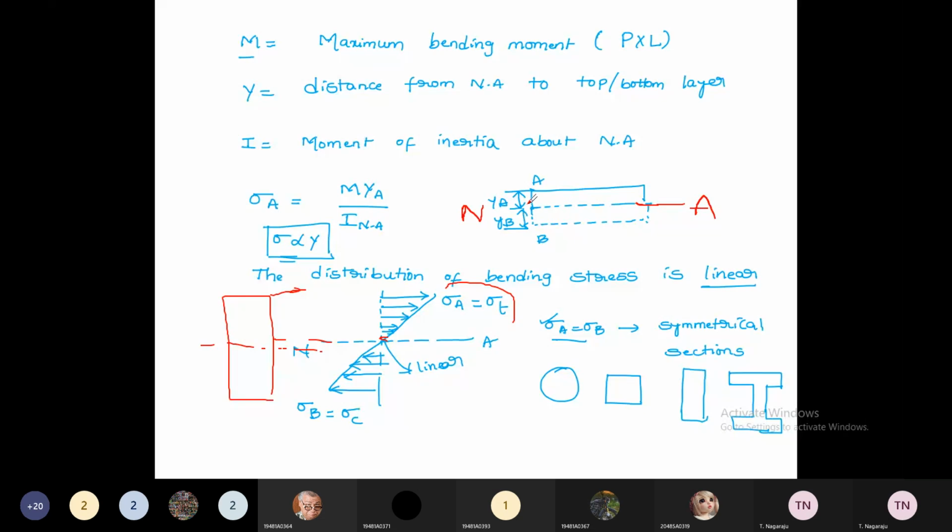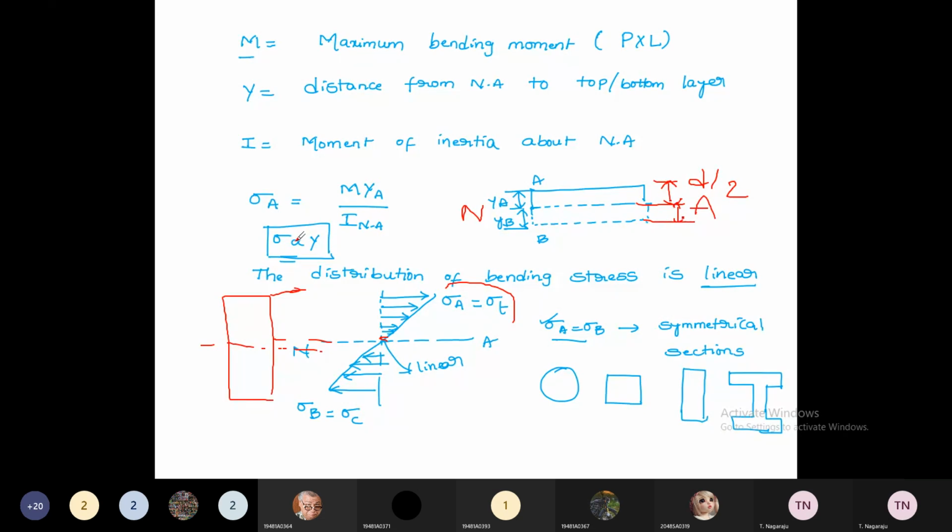Then the bending stress from this point to the outermost layer A is maximum, and its value of y is d by 2, because the total diameter is d. In the other direction also the value is maximum.